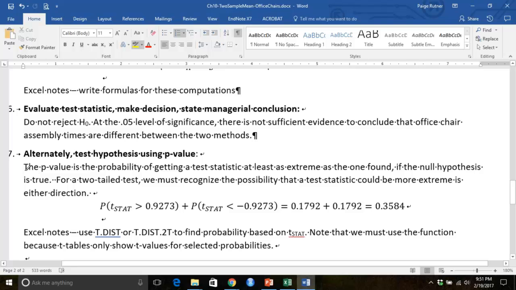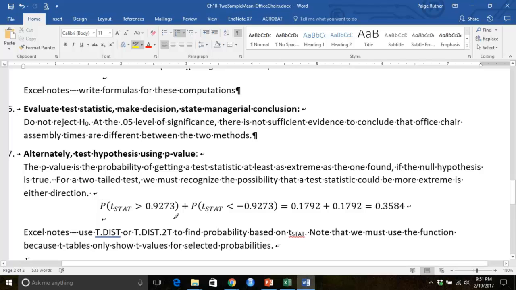So I've got that stated here. P-value is the probability of getting a test statistic at least as extreme as the one found if the null hypothesis is true. We're doing a two-tailed test in this problem. And so when we compute our p-value, what we have to recognize is that either a test statistic more extreme in the positive or in the negative direction would have caused us to reject the null hypothesis.